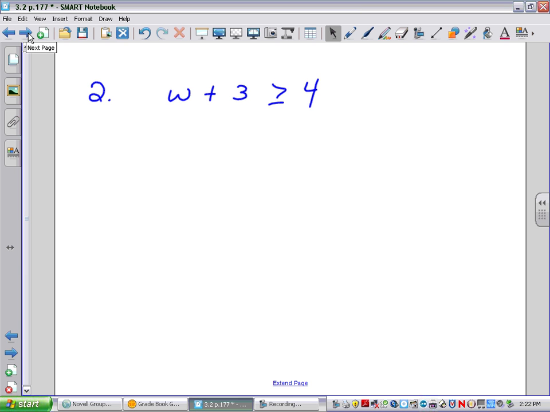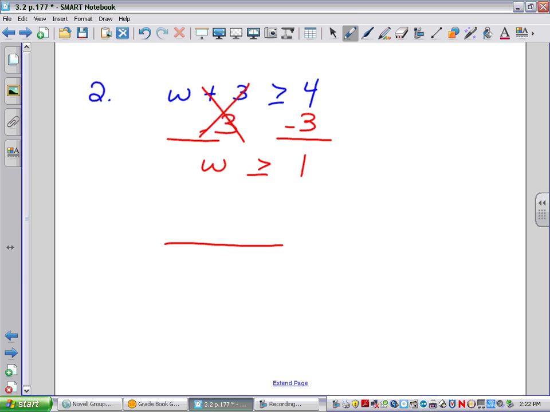Number 2, w plus 3 is greater than or equal to 4. Well, my w is already on the left-hand side, so I don't have to flip-flop. No flip-flopping here. I would just start off by subtracting 3. Mark out your opposites. So w is greater than or equal to 1. 4 minus 3 is 1.